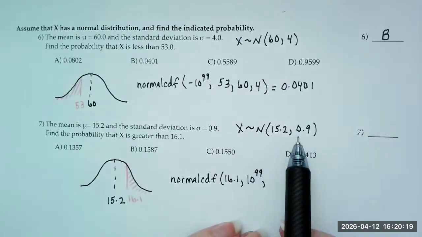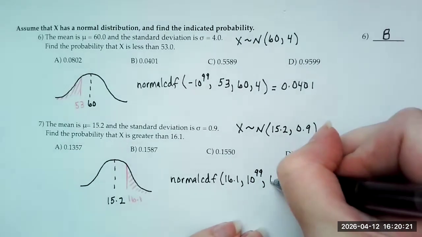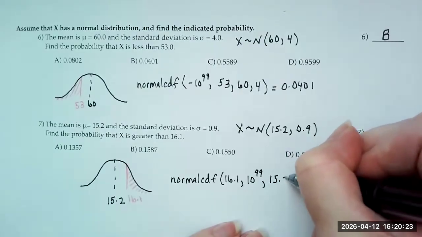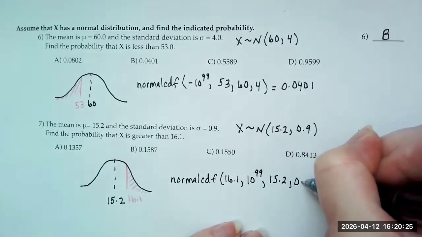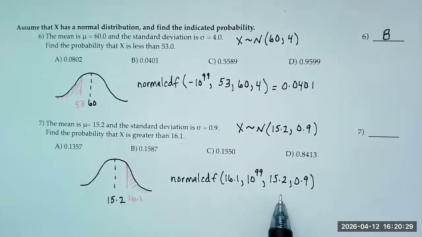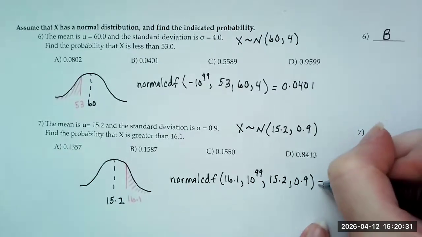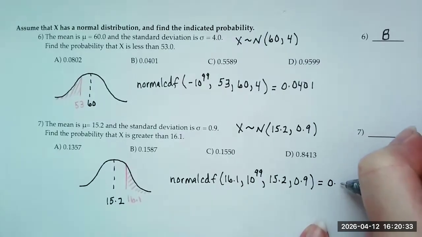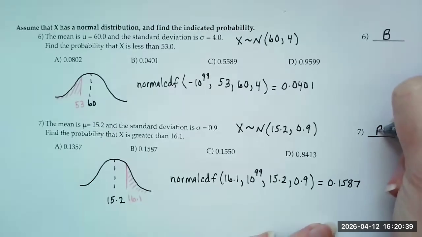And then the last two numbers that we put into the calculator are going to be the mean, 15.2, and the standard deviation, 0.9. And so if you enter these numbers into the normal CDF, what will pop out is approximately 0.1587, which will be answer choice B again.